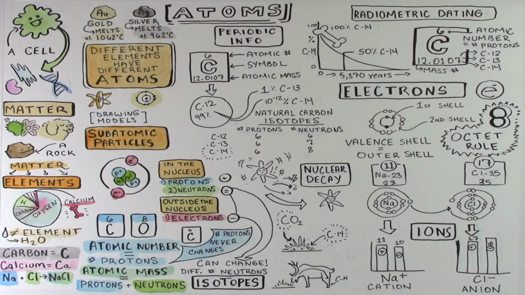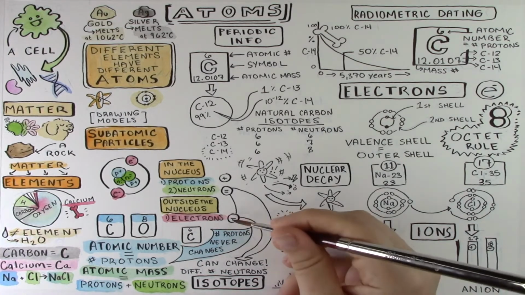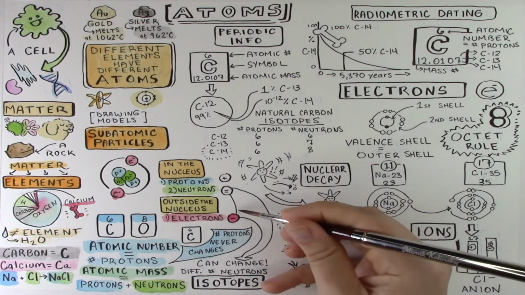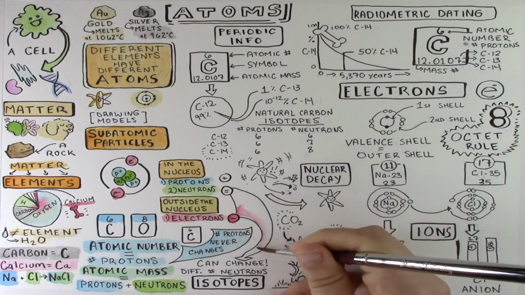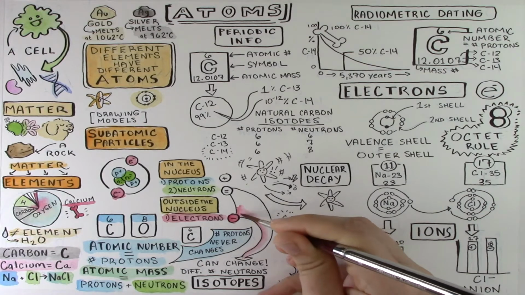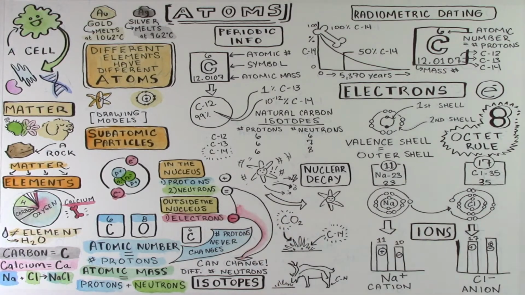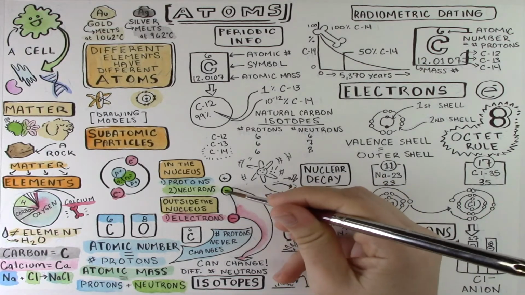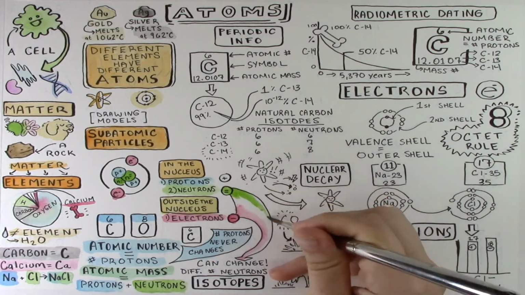Additionally, an important thing, electrons carry negative charge. That's why I draw them with a little minus sign. While you can't change the number of protons in the atom of a specific element and still have that same element, you can change the number of electrons and neutrons and still have an atom of the same element.